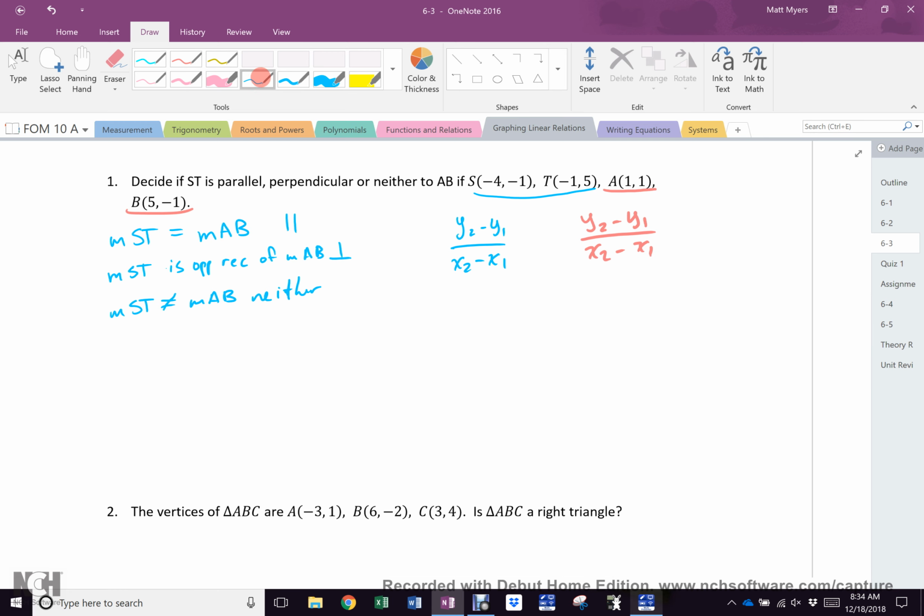Remember, who chooses which is x1, y1, y2, x2? Who makes that choice? You do. Does it matter what you do? No, it does not matter which way you make, what you make x1 and y1. However, once you have decided on an x1, that partner is y1. Right? Go.